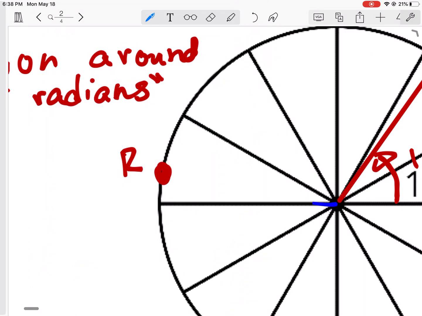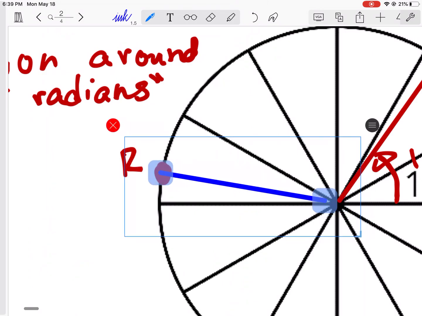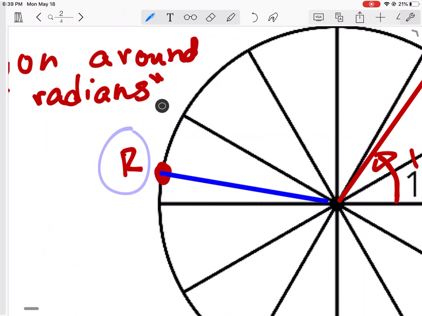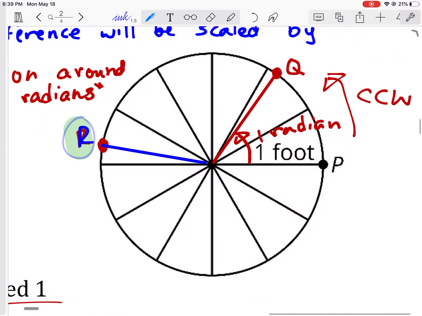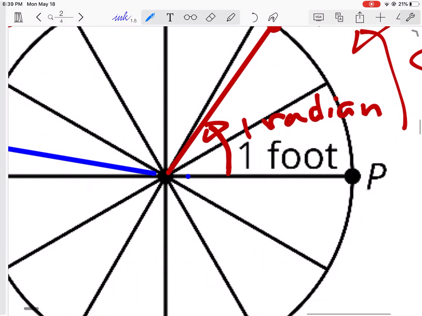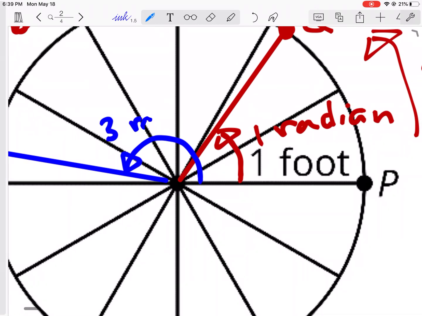Do this in blue. Alright, and if I think about what this angle of rotation is, well, it went 3 feet, so this should be 3 radians.